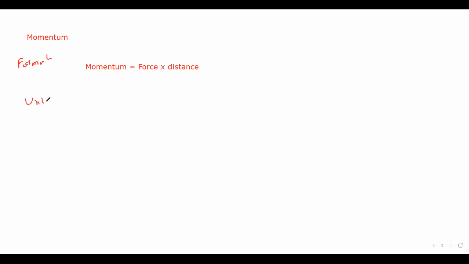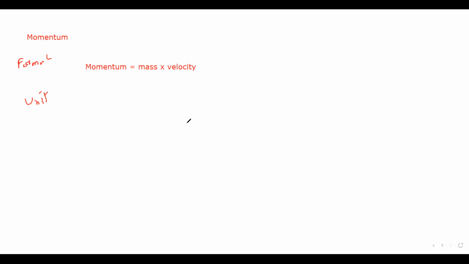Then we'll write the unit first. Unit of momentum is equal to, not force multiplied by distance, mass multiplied by velocity. By mistake, I was recalling work done, but it is mass multiplied by velocity. So mass into velocity is momentum. So what is the unit of the mass?